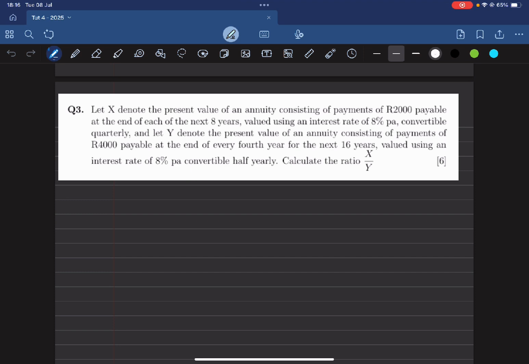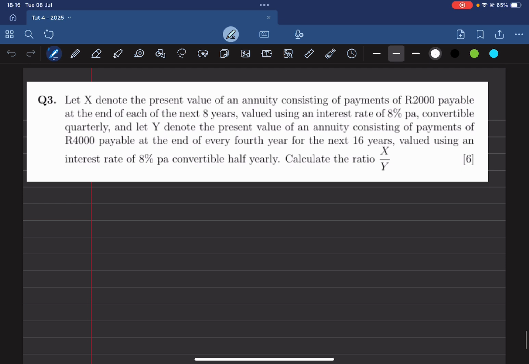Okay, so what we'll do is we'll first separately work out X and Y, and then we will find the ratio. So let's first do X. X is payable each year for 8 years, but the interest rate they give us is convertible quarterly. So we're going to want to convert that interest rate to an interest rate which is per annum.